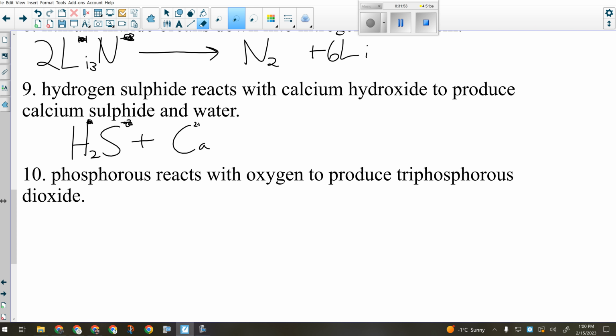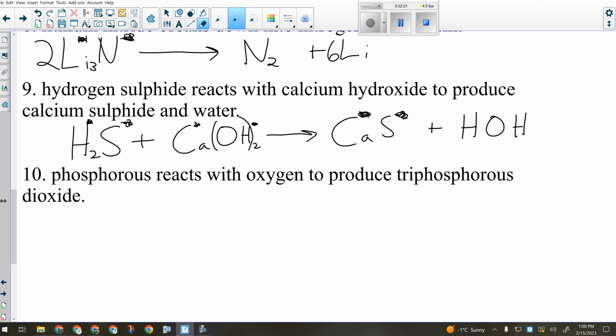That's a 2+, hydroxide is a -1, so when I drop and swap that, I'm going to get that. And that's going to produce calcium sulfide. Is that compound okay? And water. In this one I'm writing water as HOH, because it's easier to track where the parts come from for balancing that way. What kind of reaction am I looking at?